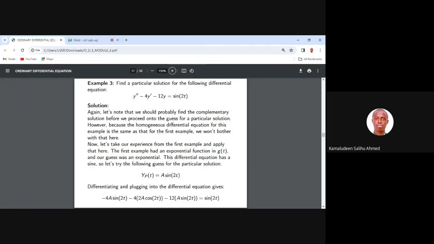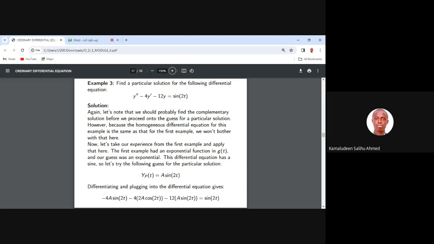So example number 3. Now, the particular solution is a trig function. So what is going to happen when we have a trig function? We are going to see that with our eyes. So find a particular solution. I try to be using just the same linear expression here, just to make it easier.